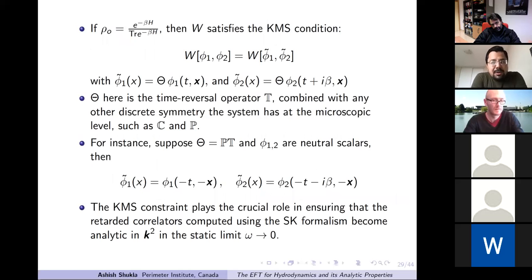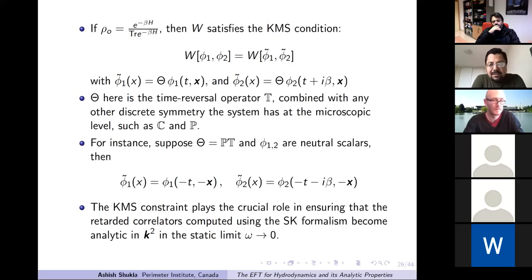Now, those 3 properties are standard, but there's one additional property which is quite interesting, and it's called the KMS property. If my density matrix rho naught at T equals minus infinity is actually a thermal density matrix, so it has the form e to the minus beta H upon trace e to the minus beta H, then my Schwinger-Keldysh generating functional will satisfy an additional condition, called the KMS condition.